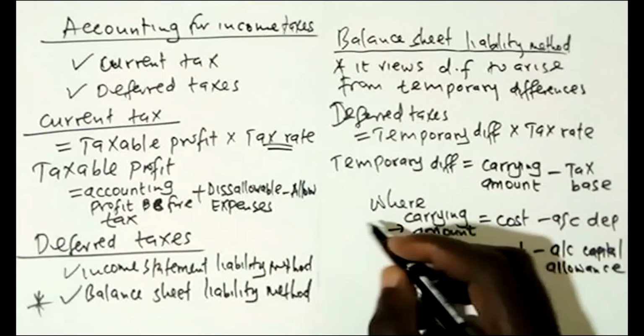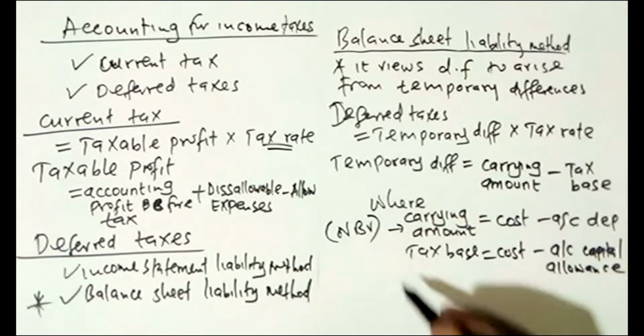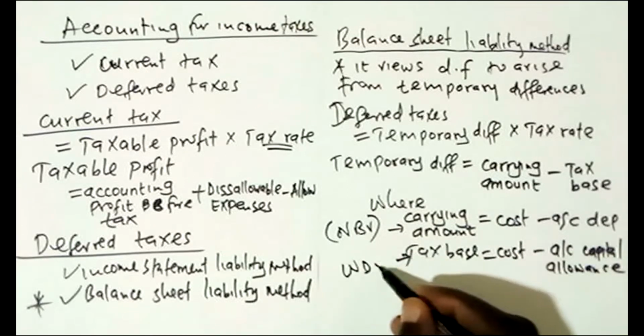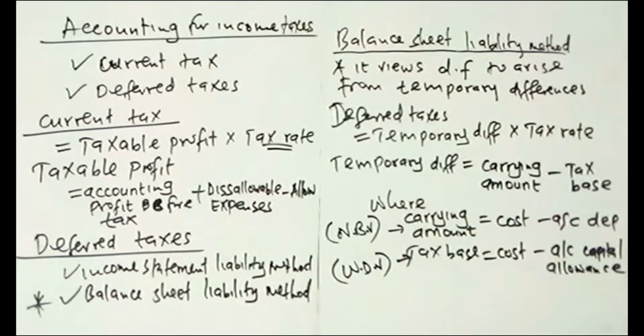So the carrying amount can be called the net book value, NBV, and the tax base can be called the written down value, WDV.